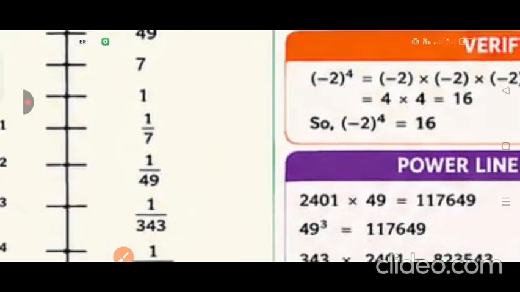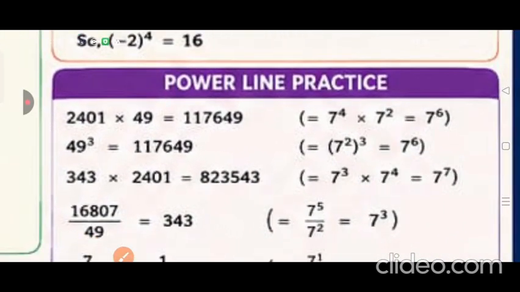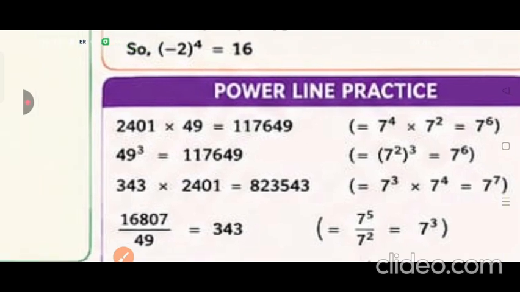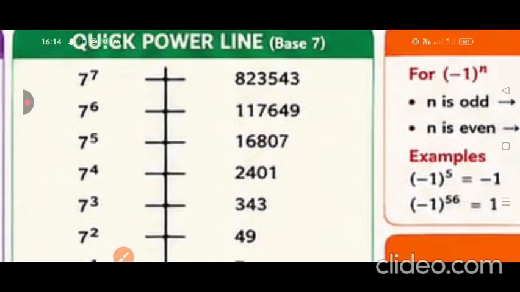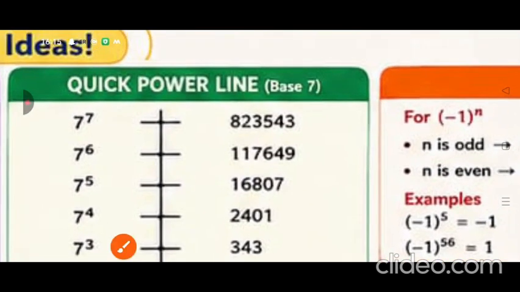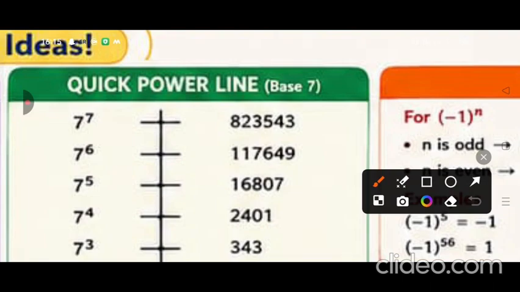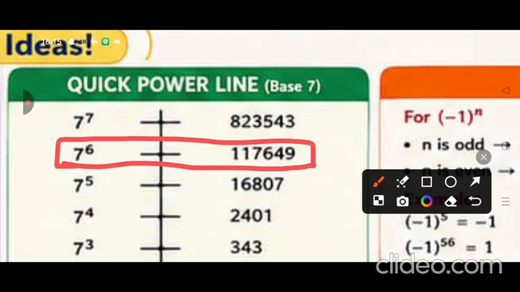So 7 raised to the power 4 multiplied by 7 square is equal to 7 raised to the power 6. And if you look at the power line, we see 7 raised to the power 6 is 1,17,649.